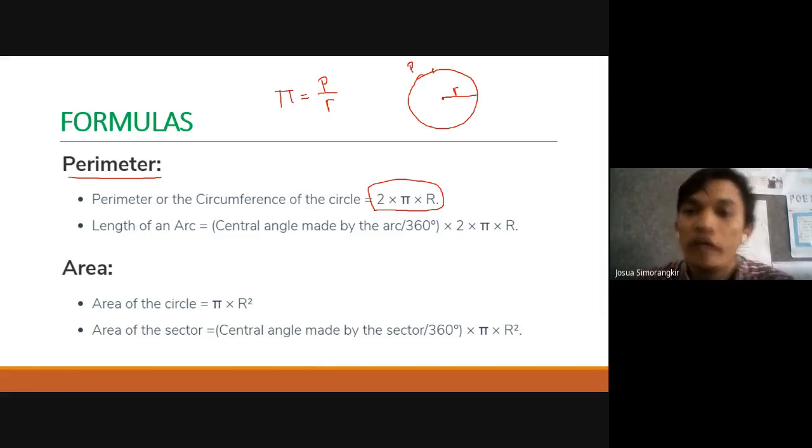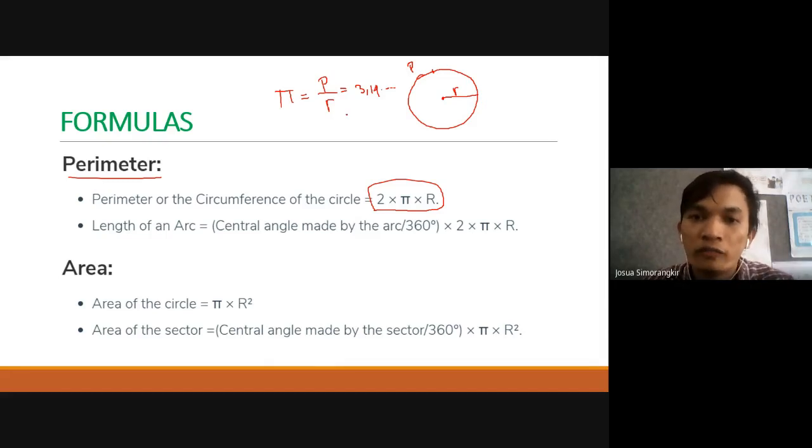So if we have a small circle or a big circle, and we measure the length of the perimeter manually and divide it by its radius, we will get a ratio close to 3.14 something. Even for a small circle or a big circle, it has the same ratio.